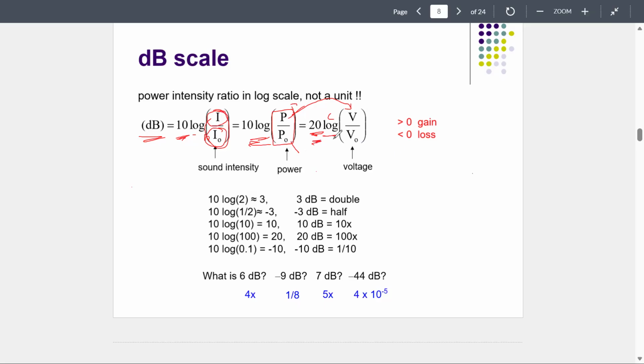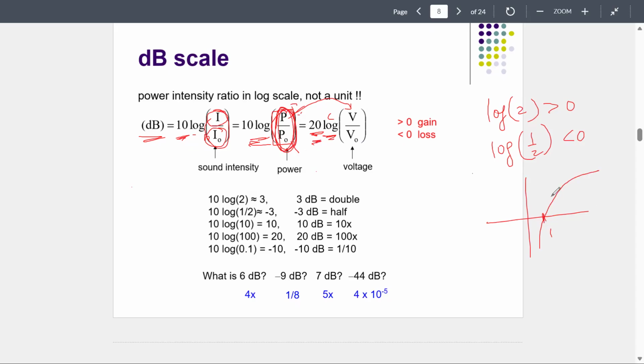Now, this is a log number. If this number is greater than 1, the log of a number greater than 1 is positive. If you take the log of a number less than 1, then it is negative, because the log looks like this. 1 is right here. Above it is positive, below it is negative. So what does that mean to us?